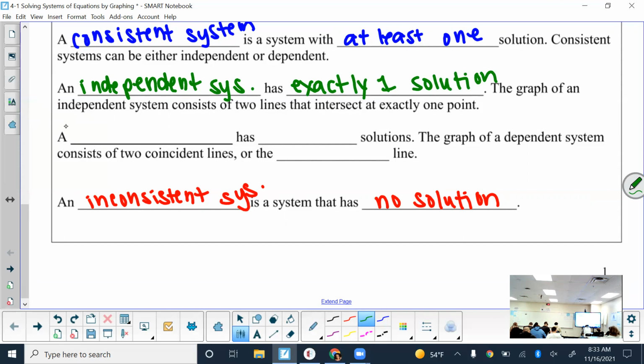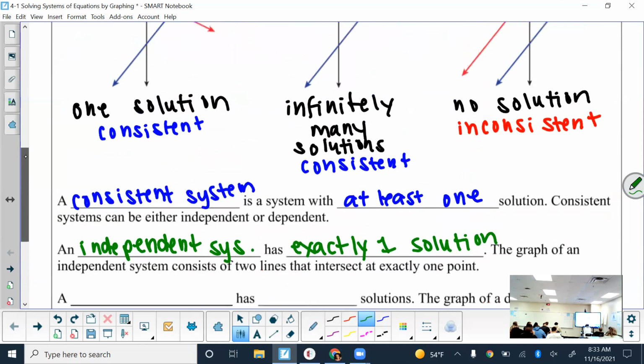The graph of an independent system consists of two lines that intersect at exactly one point. So that's an independent system. I remember that one because the I kind of looks like a one if you write it like a capital letter.